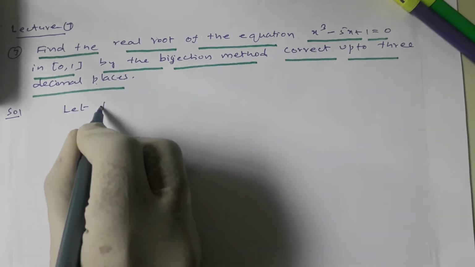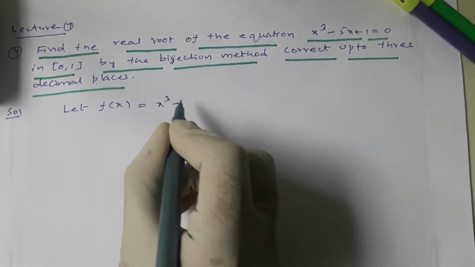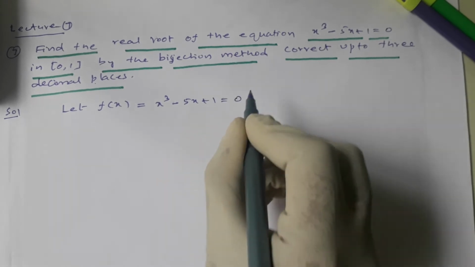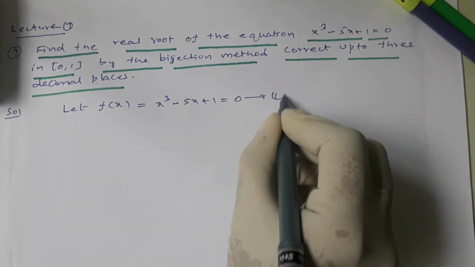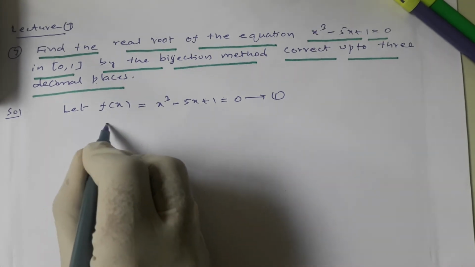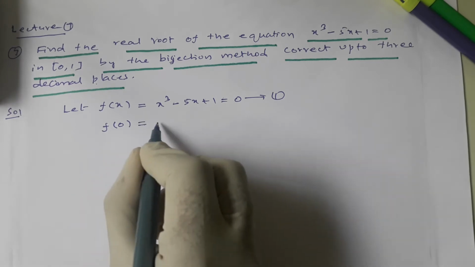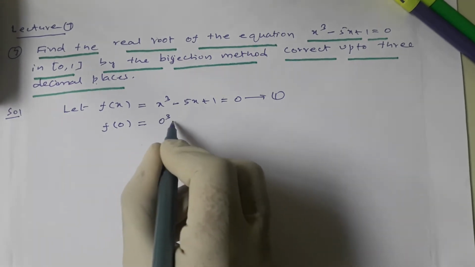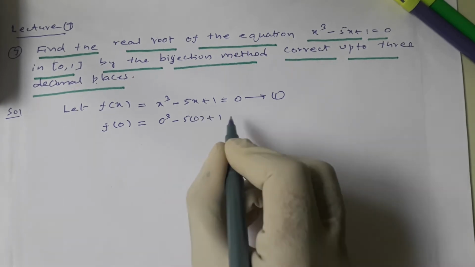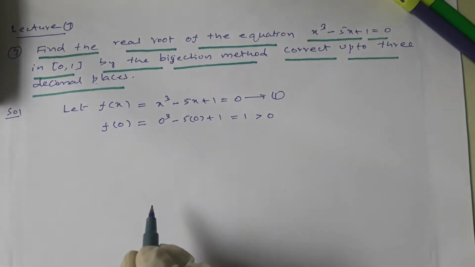Let f of x is equal to x cube minus 5x plus 1. Next, as the interval is given as 0, 1, put 0 in place of x. f of 0 is equal to 0 cube minus 5 into 0 plus 1, is equal to 1, which is greater than 0.